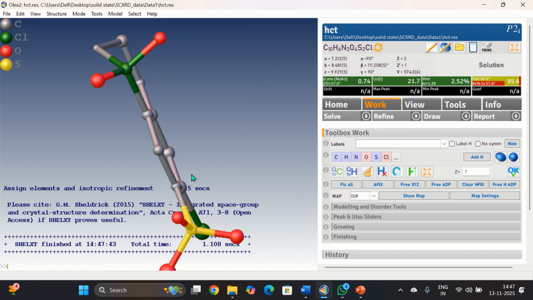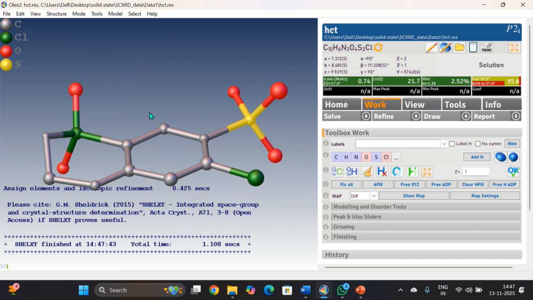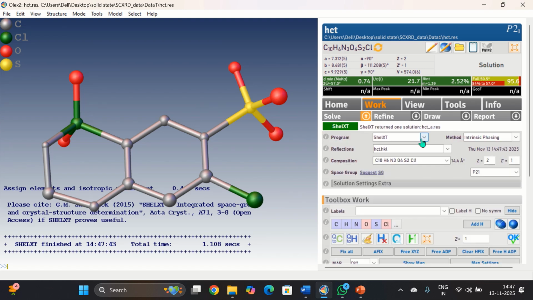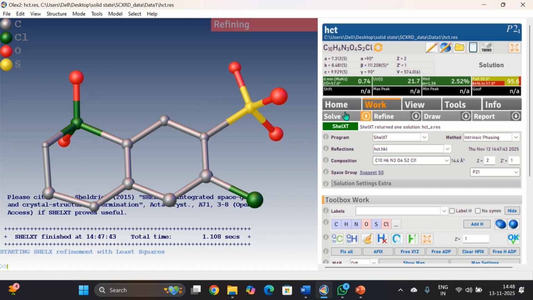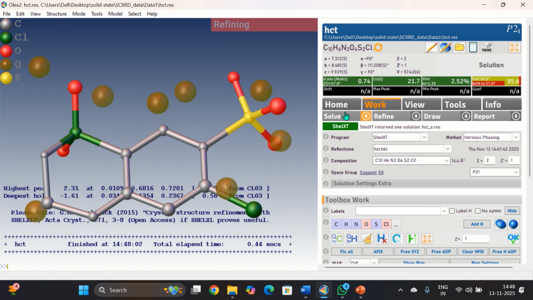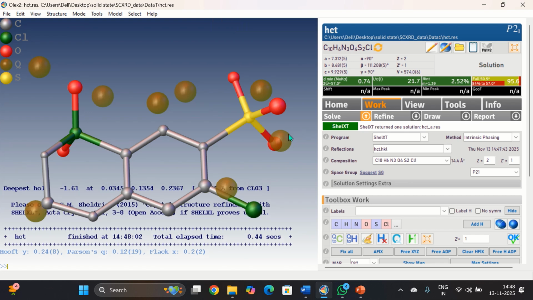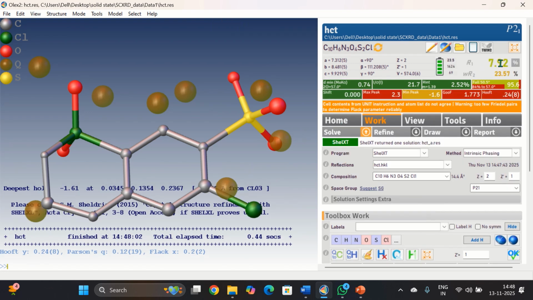Here I have already selected the assigned positions of the atoms, so it started refining. If we refine, we can get the R values as here, and as you can see, it is 7.